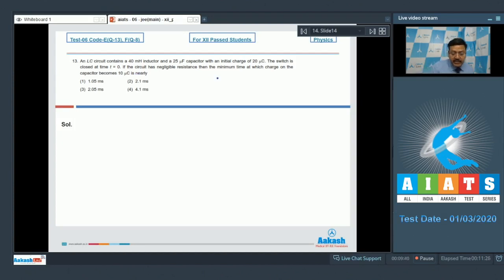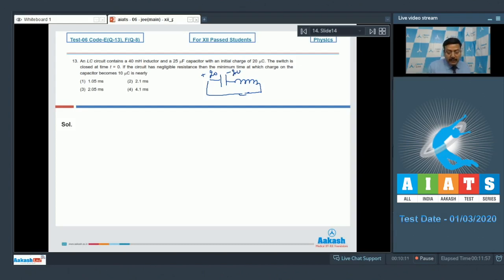Let's say this is the situation. We have the capacitor and the inductor connected like this. Now initially the current is 0 and the charge is 20 microcoulomb on the capacitor. So on this, here there is plus 20 microcoulomb, there is minus 20 microcoulomb, and this is the situation at t equal to 0.